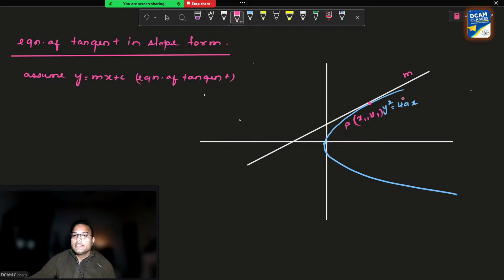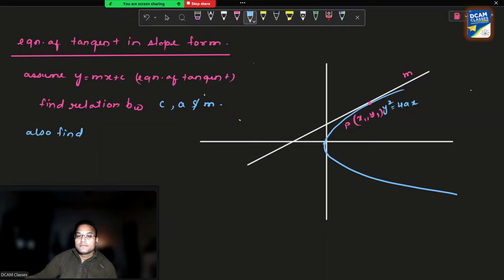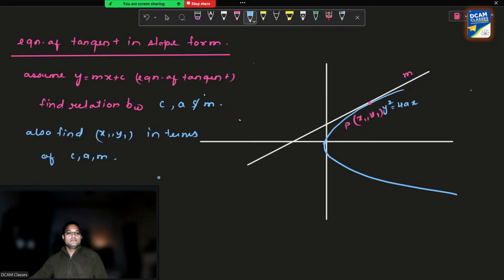Now your task is to find the relation between c, a and m. Also find x1 comma y1 in terms of c, a and m. These are the two questions. Can you try?